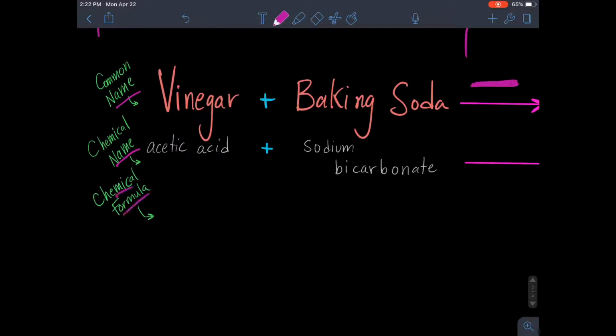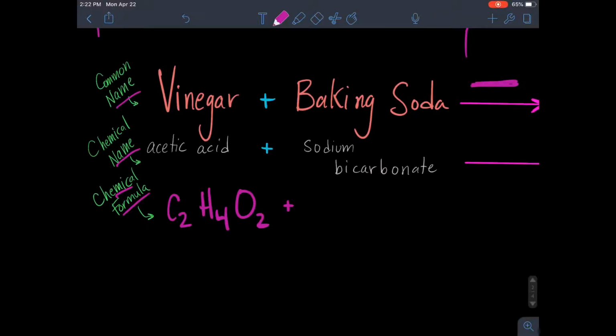The chemical formula is, well, what atoms are connected together into a molecule to make acetic acid? The chemical formula for vinegar is C2H4O2, which means there's 2 carbon, 4 hydrogen, and 2 oxygen. That's 1 molecule of vinegar.